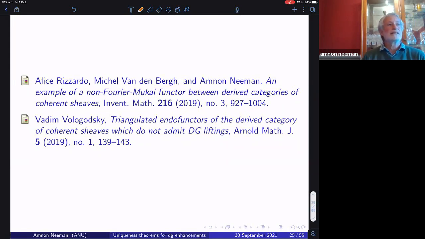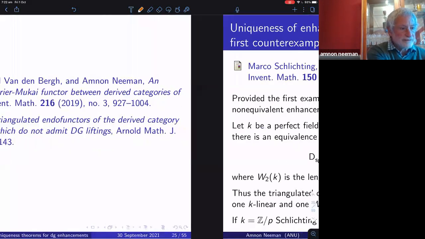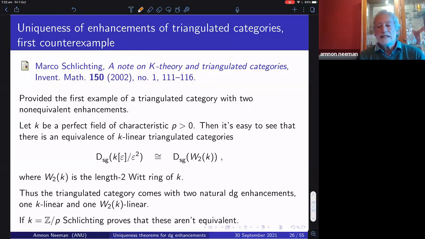It's linear over, well, okay. One way to say it is the length 2 Witt vectors over a field of characteristic p. Anyway, so this is what is now known about enhanceability of functors.